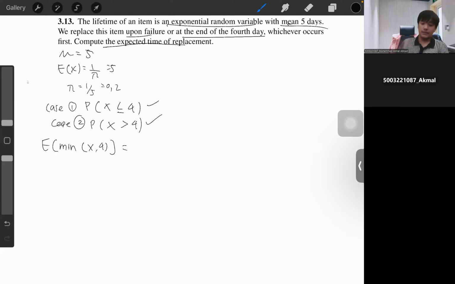We can calculate this by the integral from 0 to 4 of x times f(x) dx plus 4 times the probability that x is greater than 4.